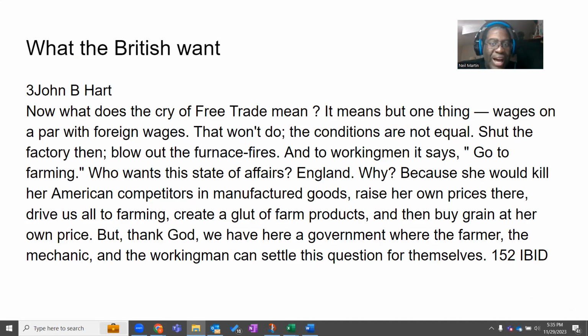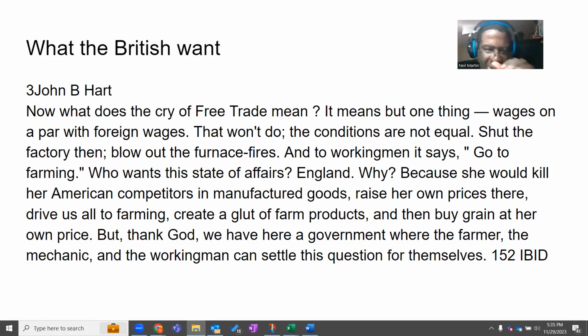"England. Why? Because she would kill her American competitors in manufactured goods, raise her own prices there, drive us all to farming, create a glut of farm products, and then buy grain at her own price. But thank God we have here a government where the farmer, the mechanic, and the working man can settle this question for themselves."